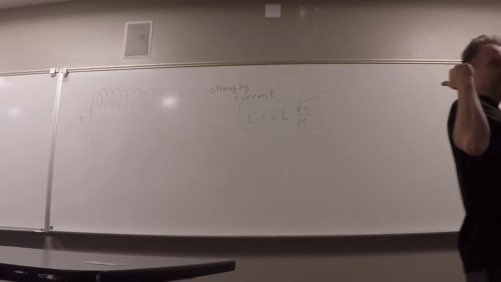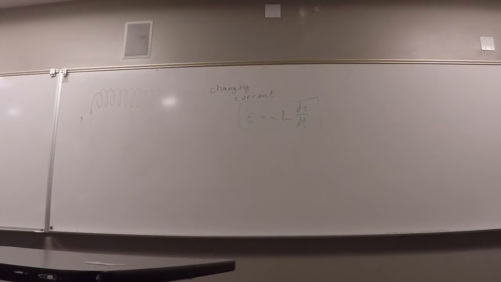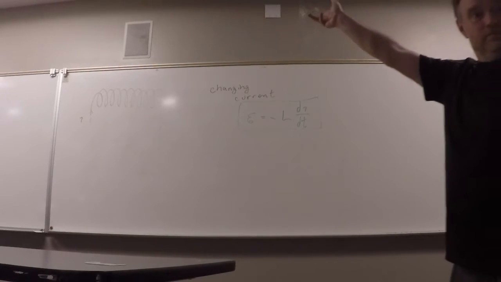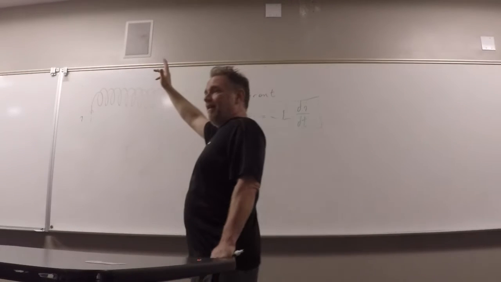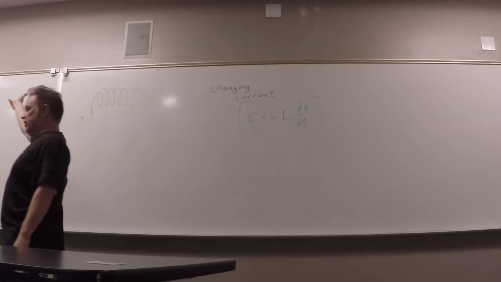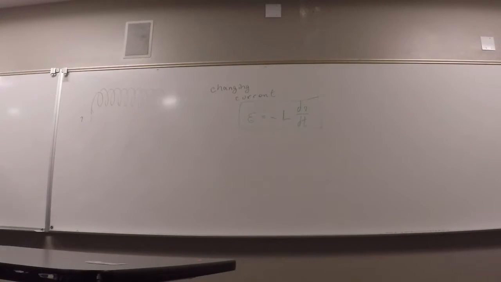Now that inductance itself, even though it's defined in terms of current, if I were to solve it for a particular geometry here, which is this geometry of the solenoid, it shouldn't depend on the current, because this inductance is supposed to be a property of the coil itself. Okay?